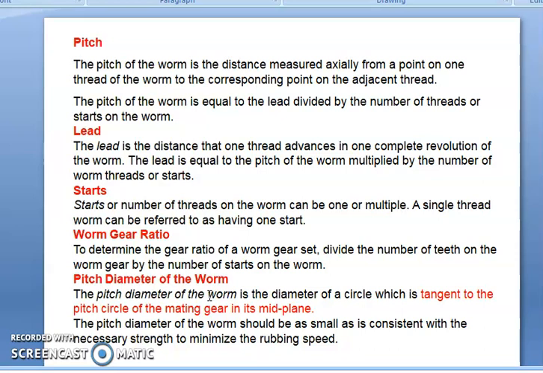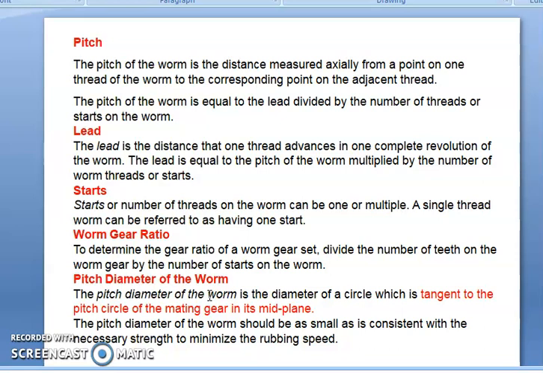A single thread worm can be referred to as having one start. So the worm gear ratio is determined based on the number of teeth on the worm gear divided by the number of starts on the worm.